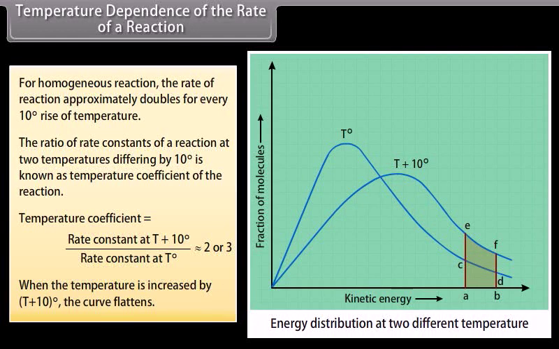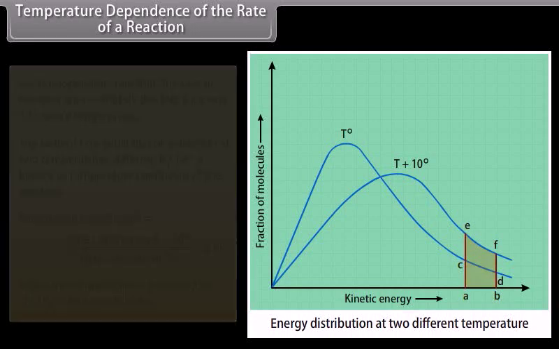When the temperature is increased by T plus 10 degree, the curve flattens. Now the shaded area ABEF represents fraction of molecules having greater energy than threshold energy. The area ABEF is more than double the area ABCD.